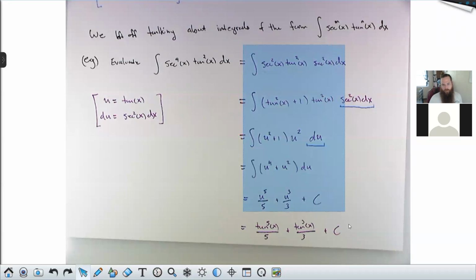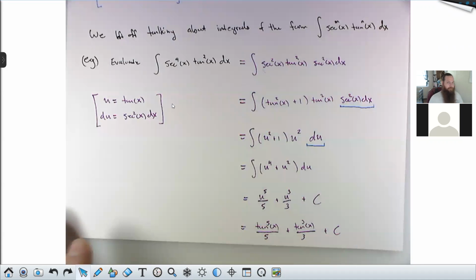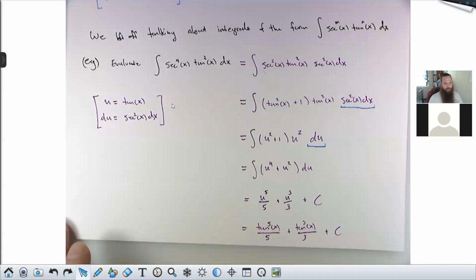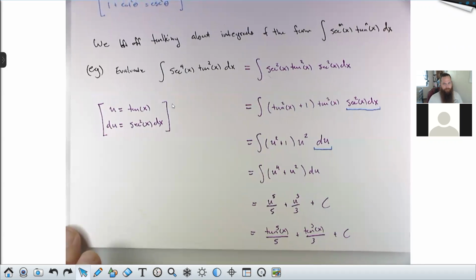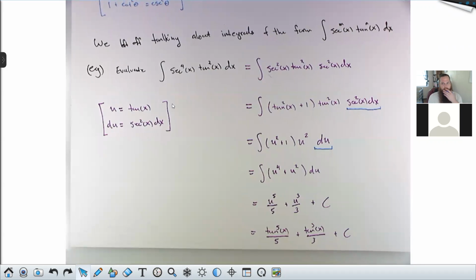Any questions on this procedure here? I know we've had a weekend go by. It's possible that it's a little weird to see this step. Does everybody understand what I'm doing in this step?